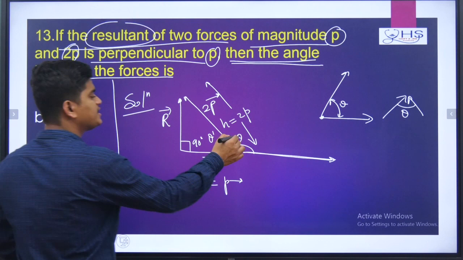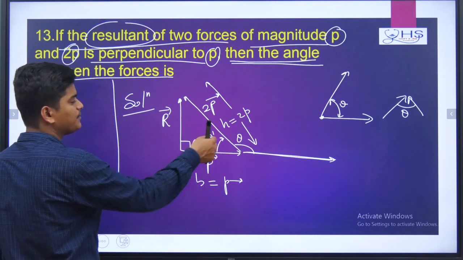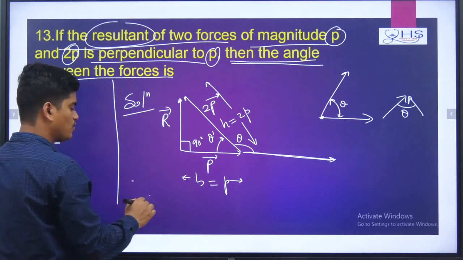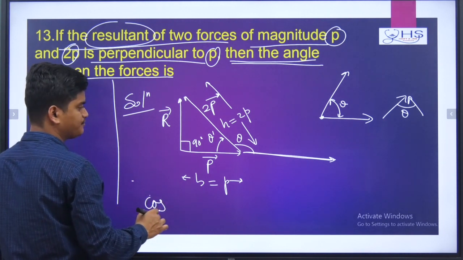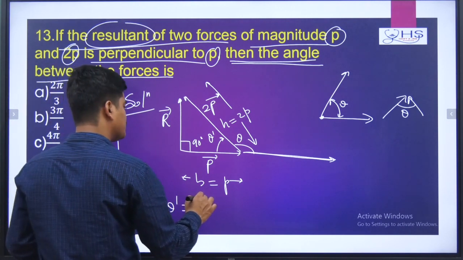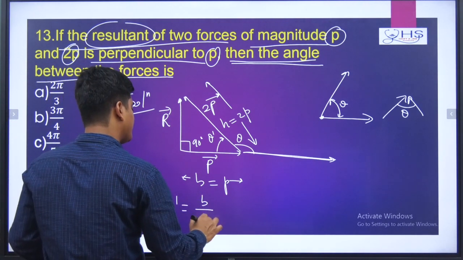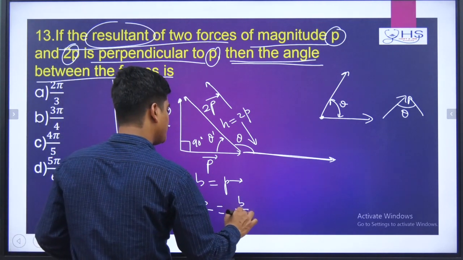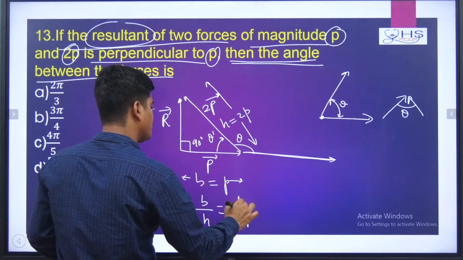Now we find this theta, but first find theta prime. If this is theta prime, how will I find it? Now this is the hypotenuse, and the base I know. Then I write cos theta prime. Cos theta is how much? That is your B by H. So B by H means how much? P by 2P.